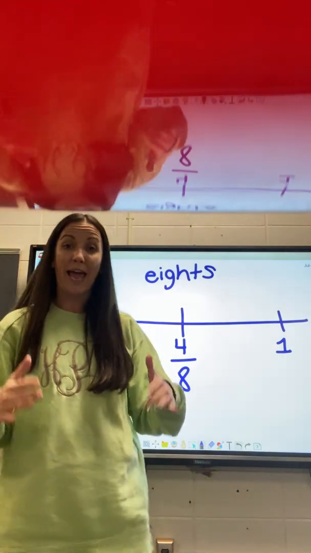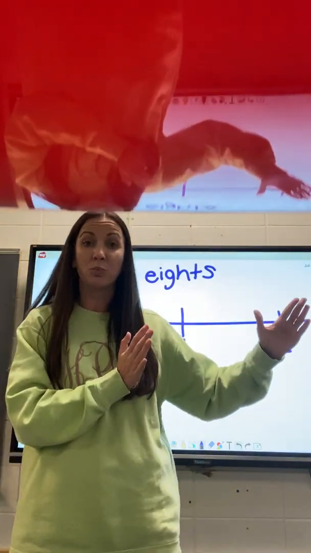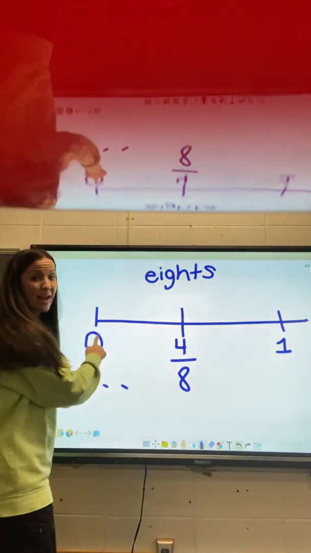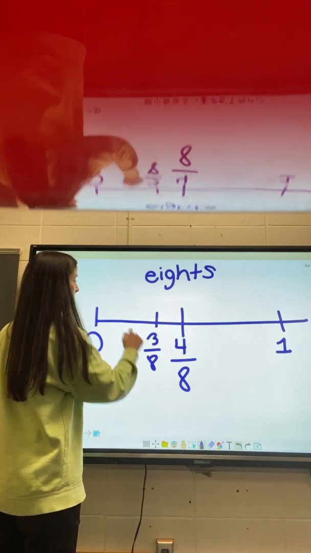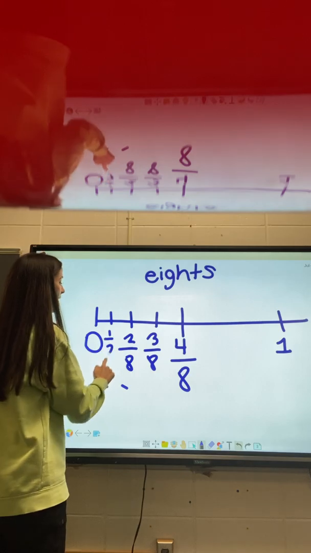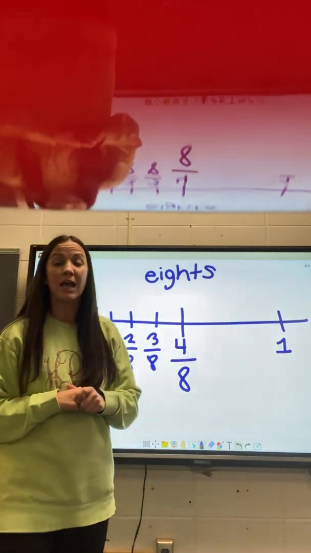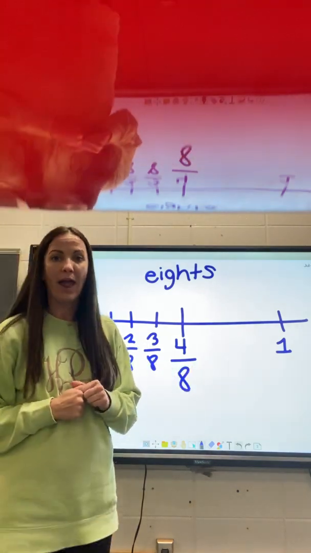And that, boys and girls, helps me to know what fractions would come before and what fractions would come after. So if I have 4 eighths, then the fractions that would come first, I would have 3 eighths, 2 eighths, and 1 eighth. All of those fractions would come before 4 eighths. That means those fractions are less than 4 eighths.